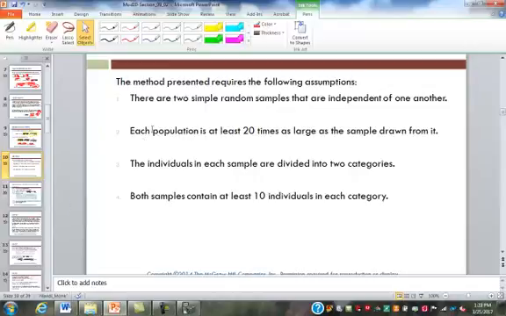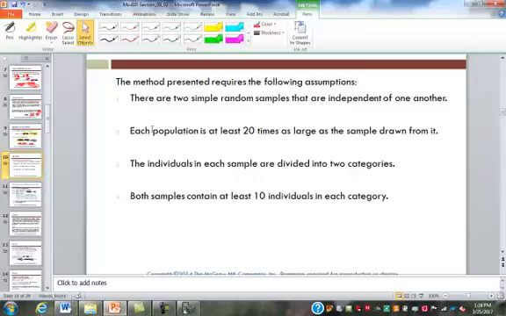Second, each population is at least 20 times larger than the sample. We were not told that information, but we were assuming that it is true. I mean, we're assuming there's more than 20 times 1,300 people that are in the workforce. So, more than 47,000 people in the workforce. The individuals in each sample are divided into two categories.